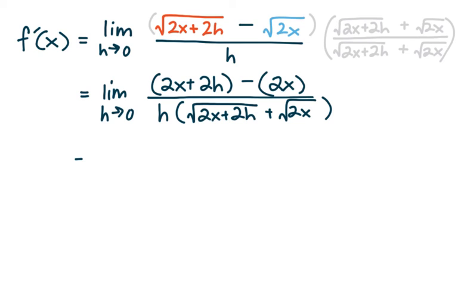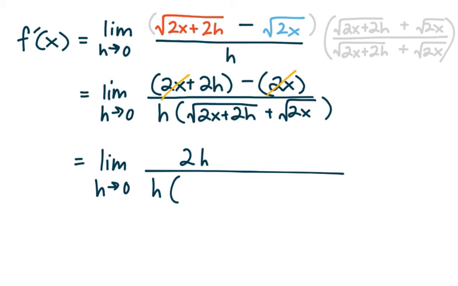All right, so what does that leave me with in the numerator? Well, 2x minus 2x will cancel. I now have, don't forget to rewrite your limit, the limit as h approaches 0 of 2h over h times the product we have here, which is the square root of 2x plus 2h plus the square root of 2x.